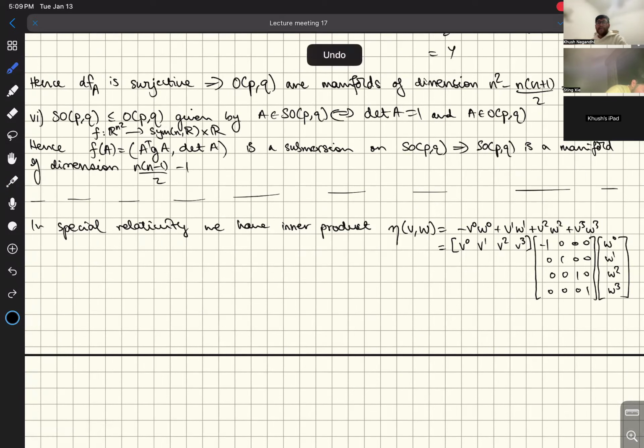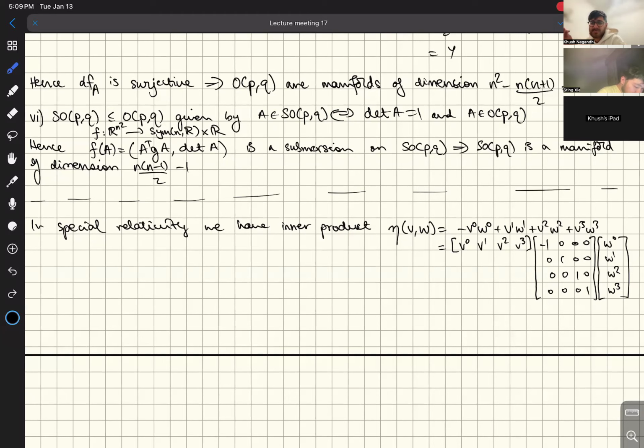So if we want Lorentz invariant physics, we want to study the Lorentz transformations, right? And if you recall, Lorentz transformations were given by the general Poincare group, right?